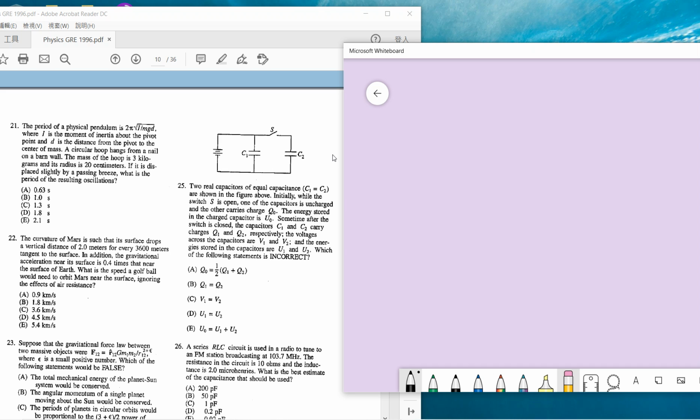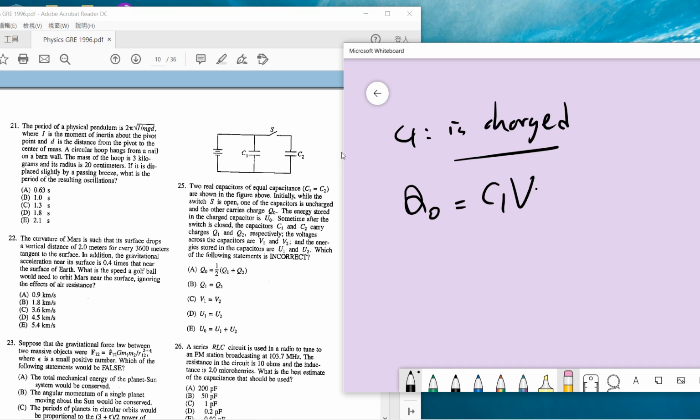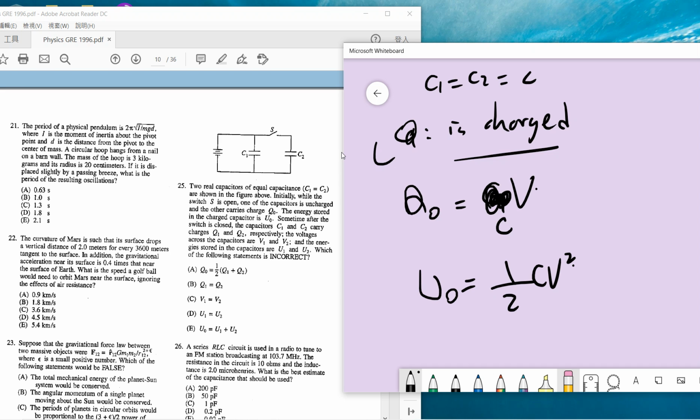In the beginning, if the switch is open, then C1 is charged. So that means Q naught equals C1 times V. Let C1 equal C, so this is CV. And U naught is just half CV squared, or basically Q naught squared divided by 2C.